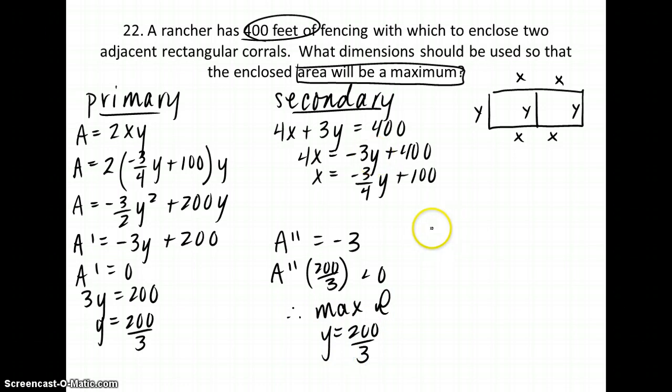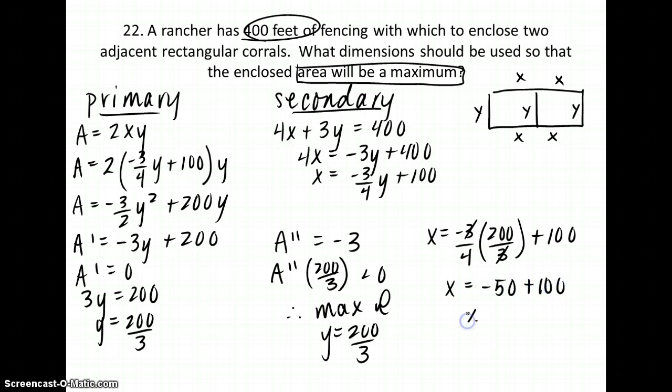Go back to the secondary equation. So we get negative 50 plus 100. So x is 50.